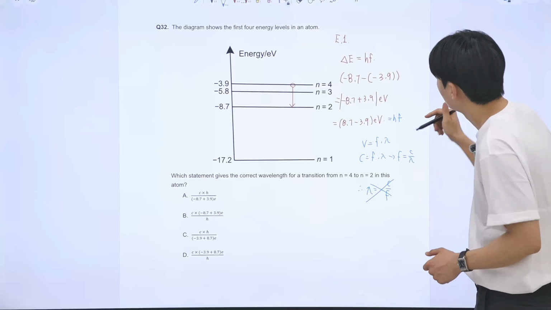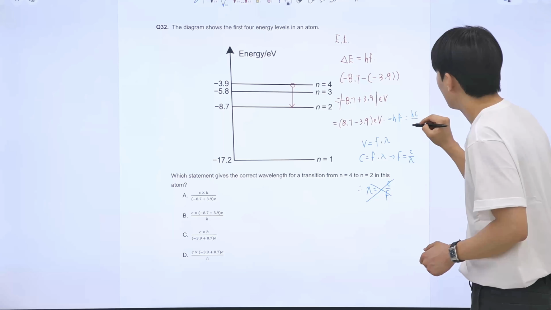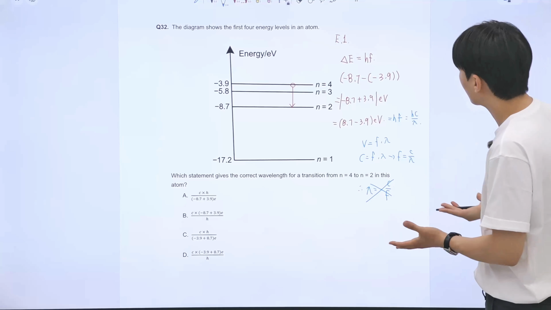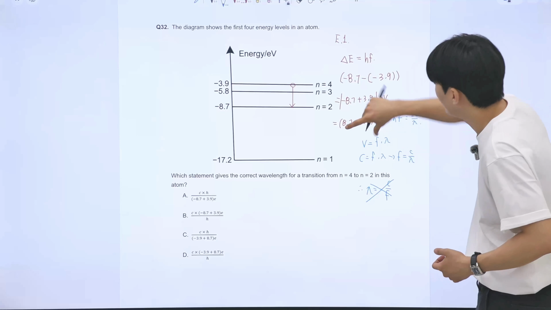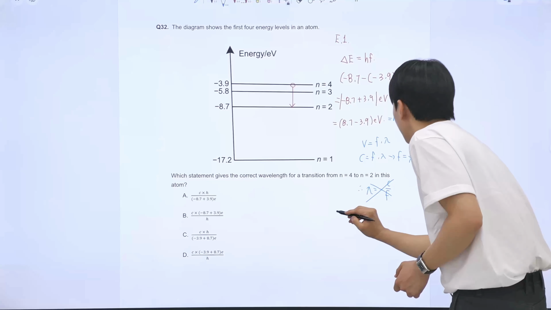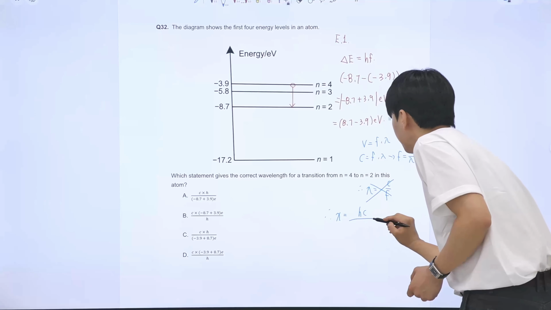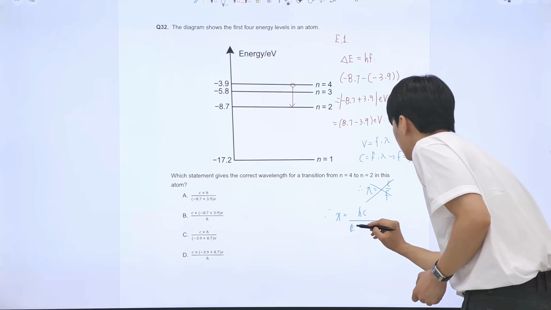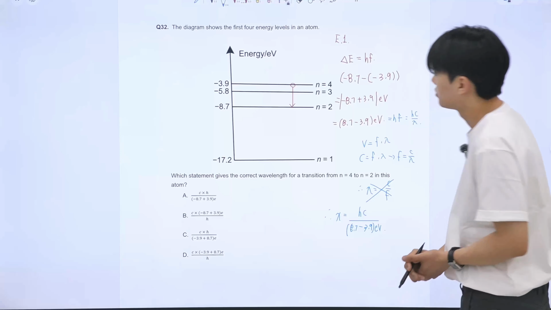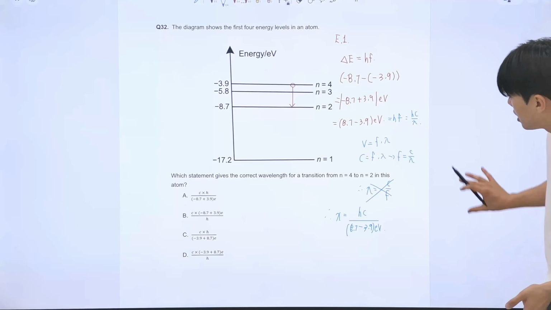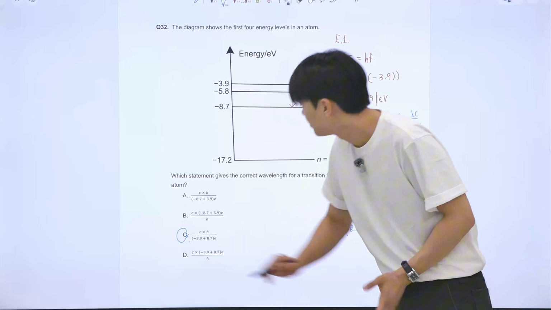Then let's substitute that, hc over lambda, here. If you want to calculate lambda, lambda goes that way, and this whole value goes that way. That means lambda equals hc over 8.7 minus 3.9 eV, which in that case should be C, right?